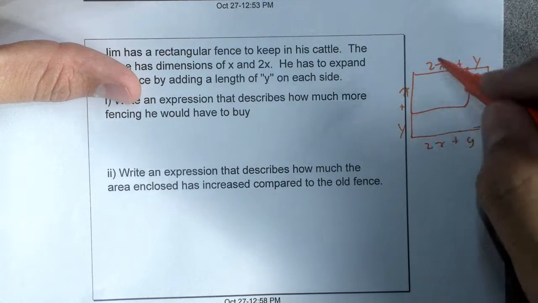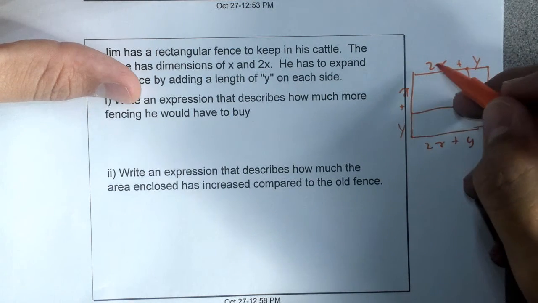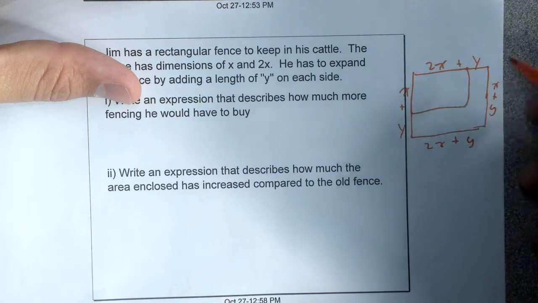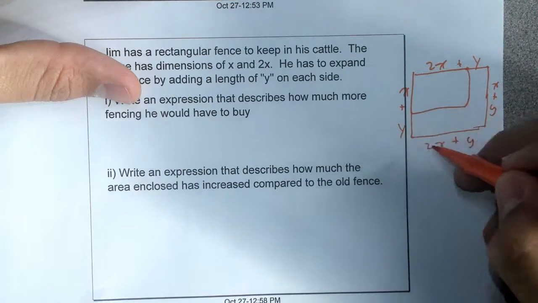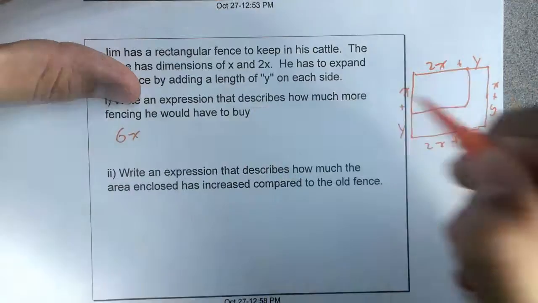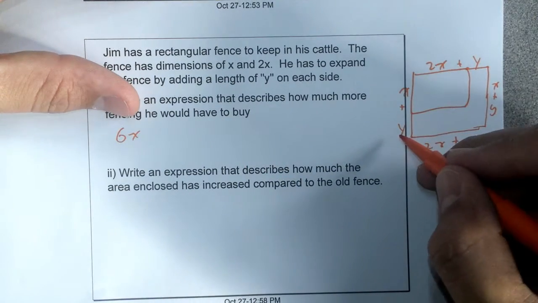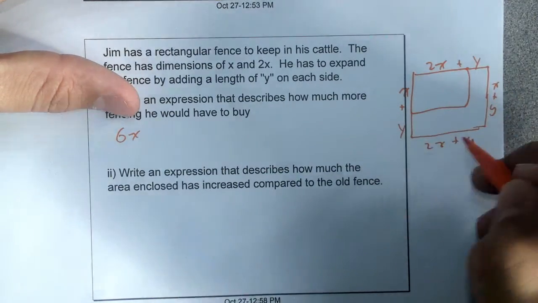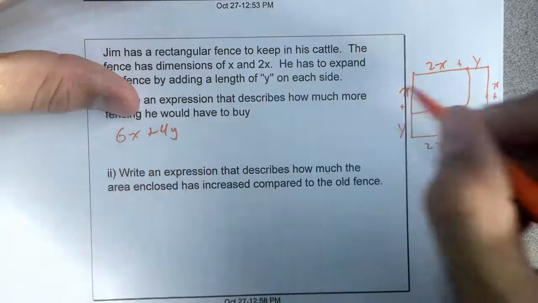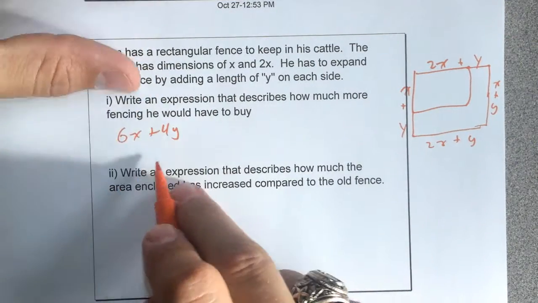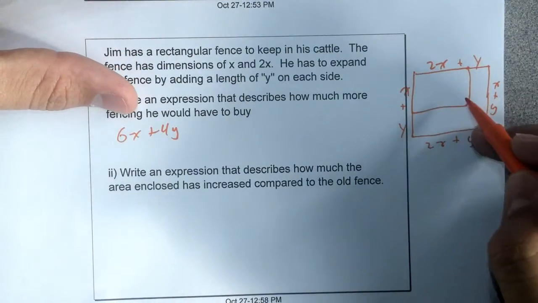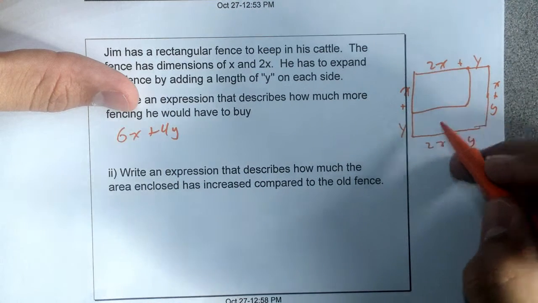Let's add all those up. So we have x, 3x, 4x, 5x, 6x. So that's 6x. Add my y's up, so y plus y plus y plus y is 4y. That's my perimeter of my large rectangle.